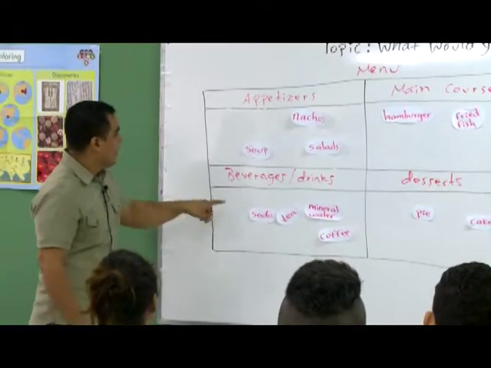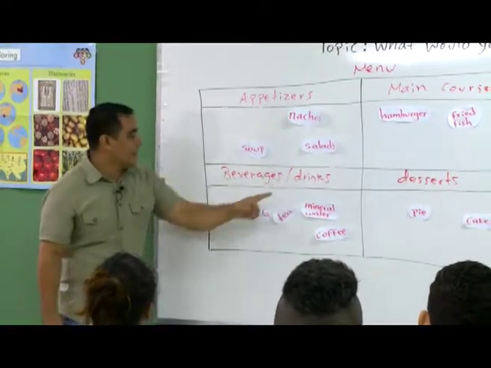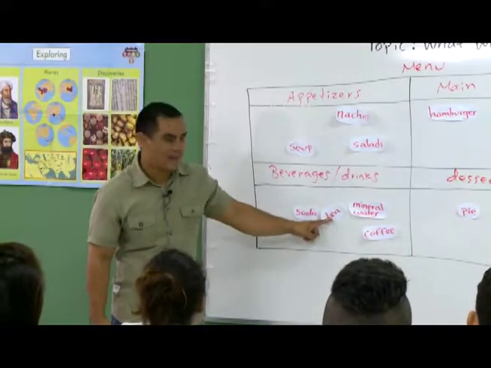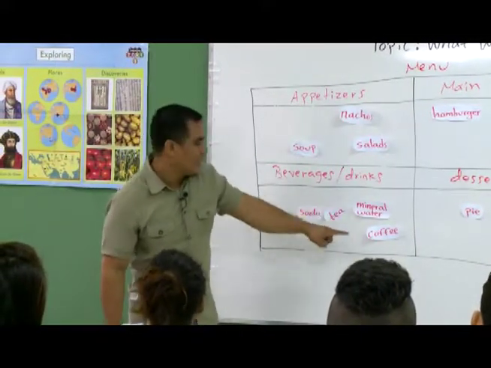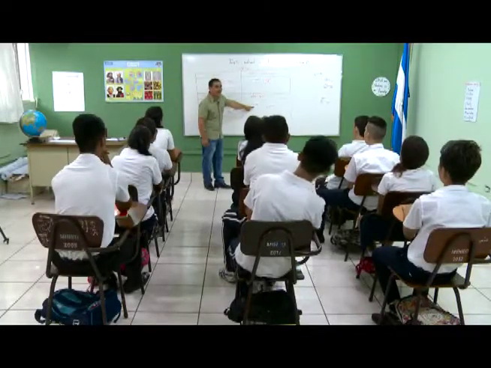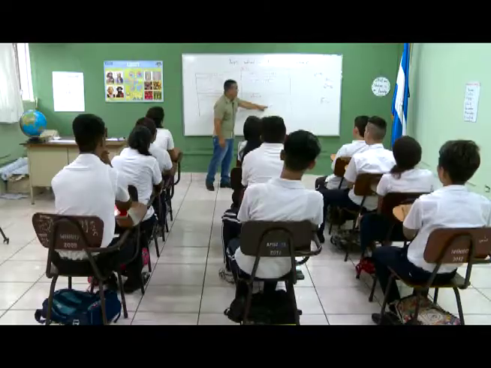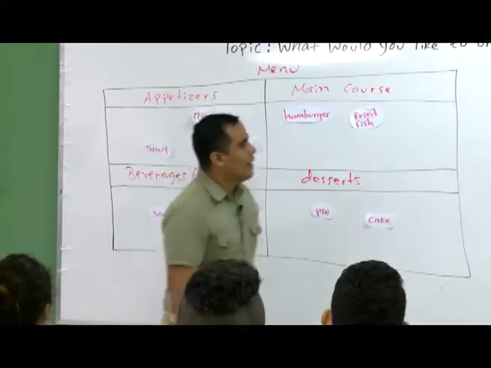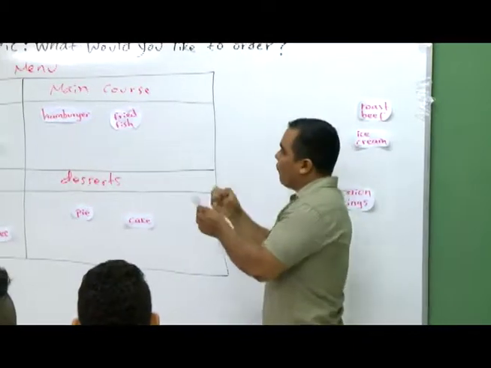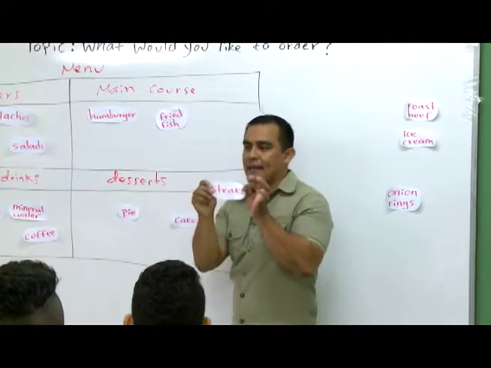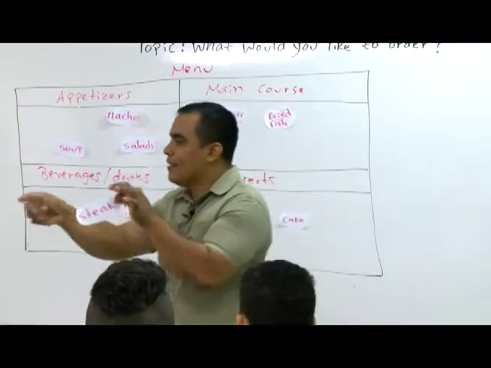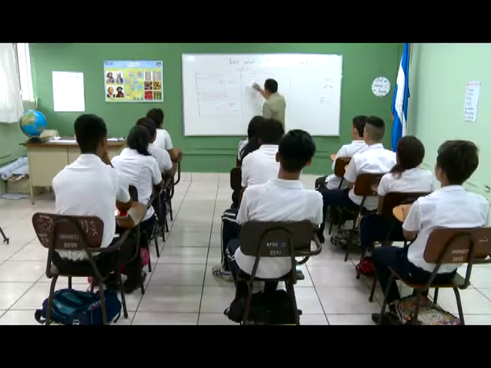Good. Okay, beverages, drinks, soda, yes or no? Tea? Mineral water? Coffee? Excellent. Desserts? Pie? Good. Cake? Excellent. And what about steak? Where do I put steak? What is this? Main course. Okay, good.